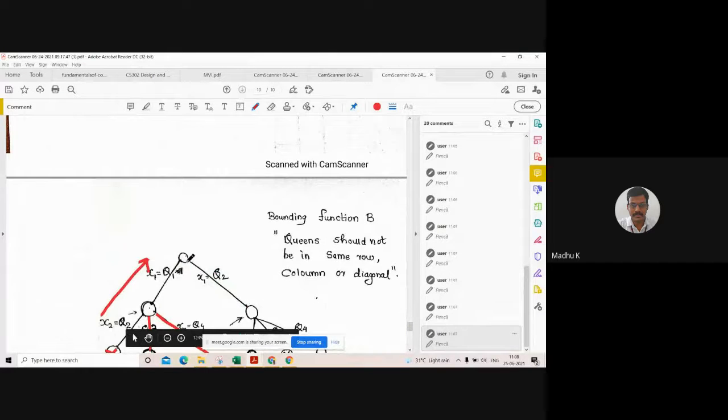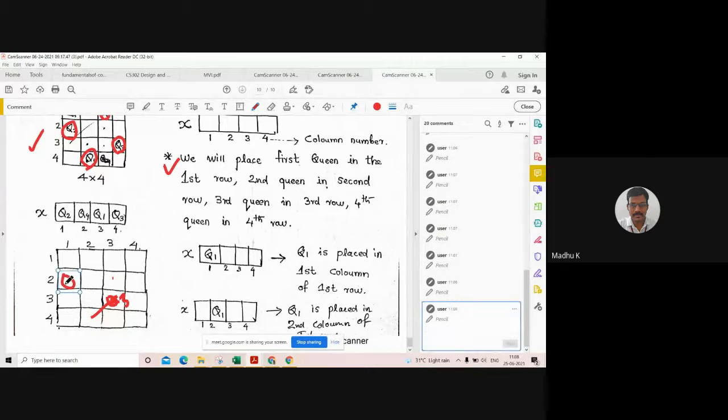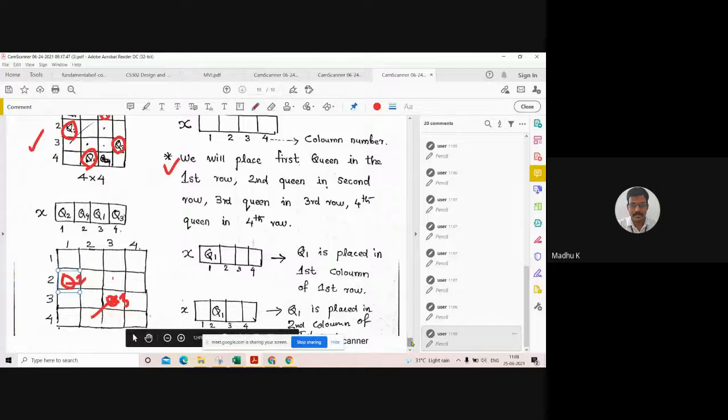Then I will place x1 equal to Q2, which means in column 1 I will place Q2. Okay, which means I will place Q2 here.